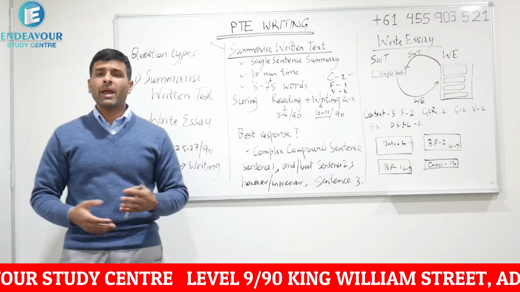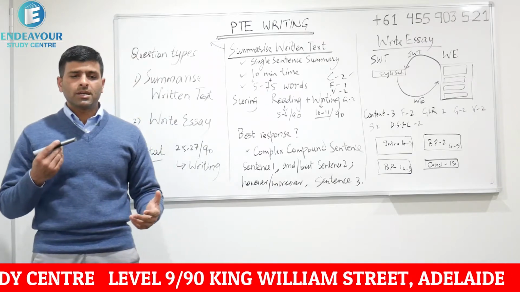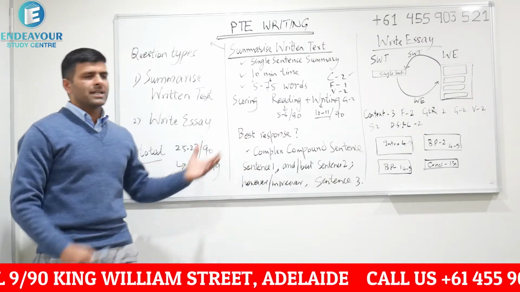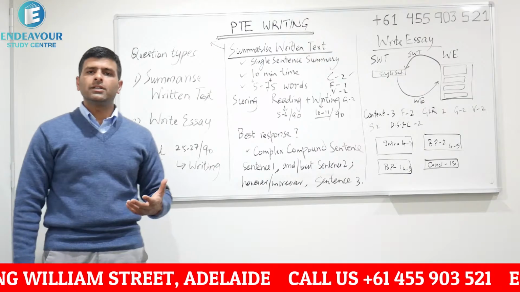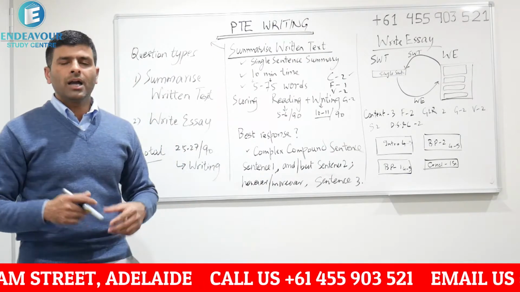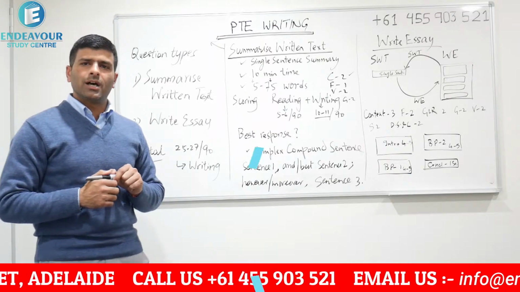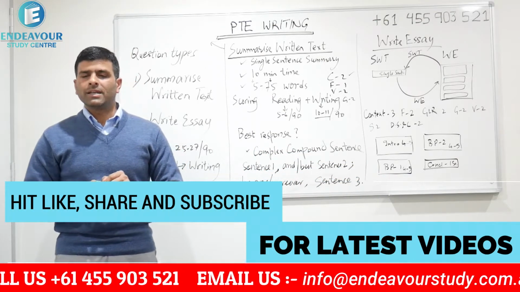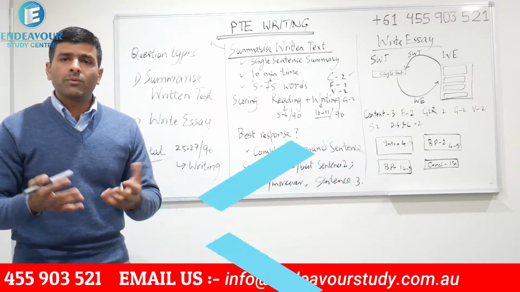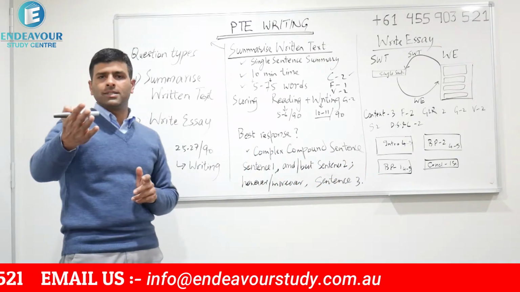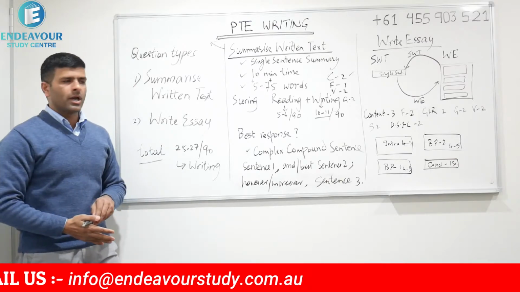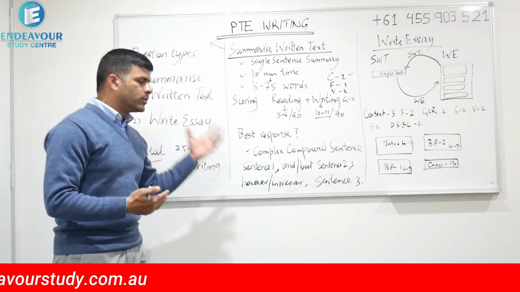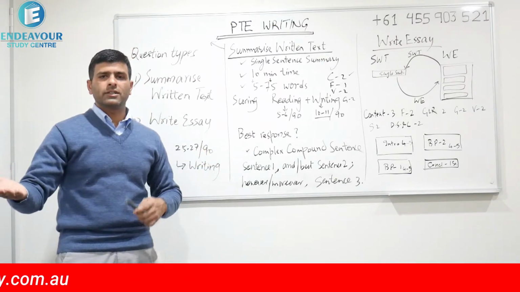Now it has been clearly mentioned in Pearson's PTE teacher's notes that this summarized written text tests your ability to write 3 or 4 ideas in one given sentence, so they are testing your ability to write a complex compound sentence, which would be one of the requirements for you when you get your PTE score, if you want to come to Australia for study, or you want to use your scores for your nursing registration and things like that.